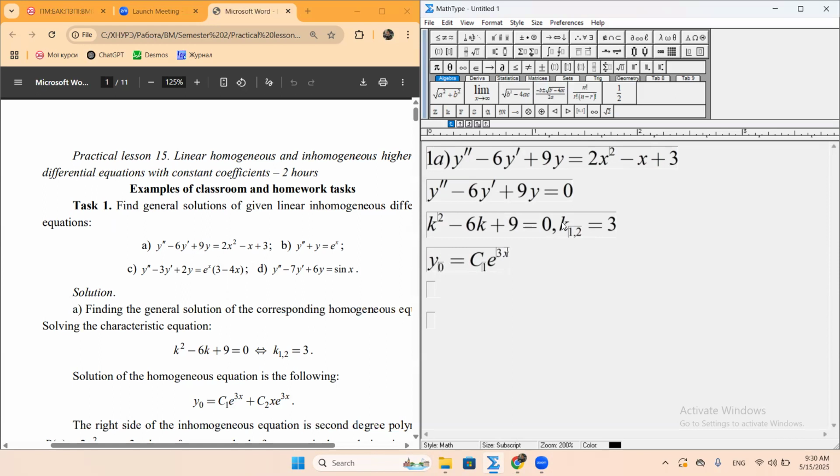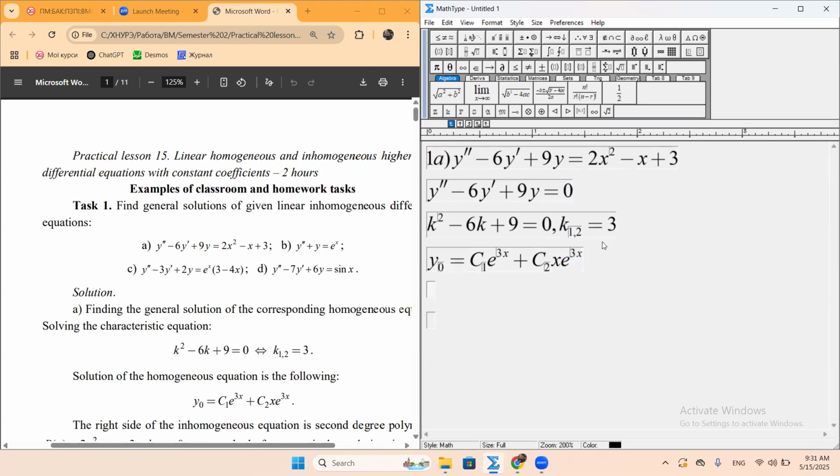The root is multiplied by e. And plus, because we have multiplicity of 2, we multiply the second exponent by x. So this is the solution of the homogeneous equation.